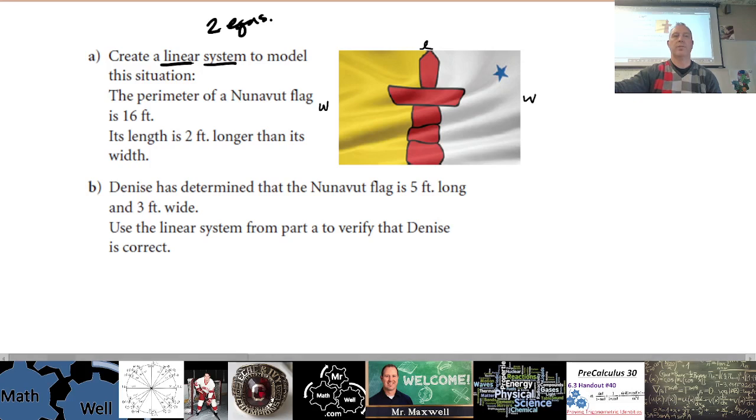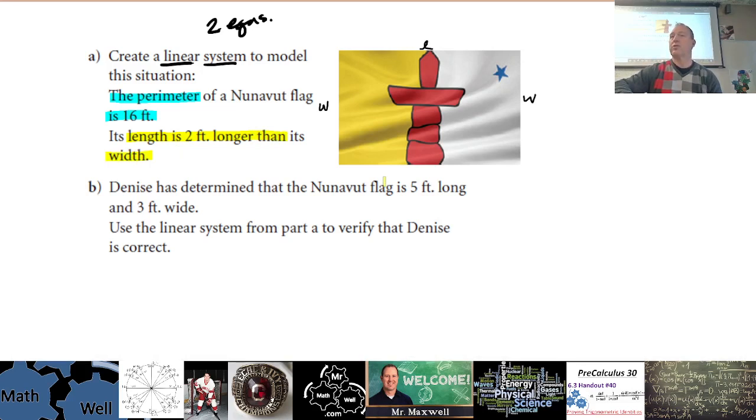Here's the situation. The perimeter of the Nunavut flag is 16 feet. That's bit of information number 1. Bit of information number 2, the length is 2 feet longer than the width. And we're going to be able to make 2 equations from these 2 distinct bits of information.